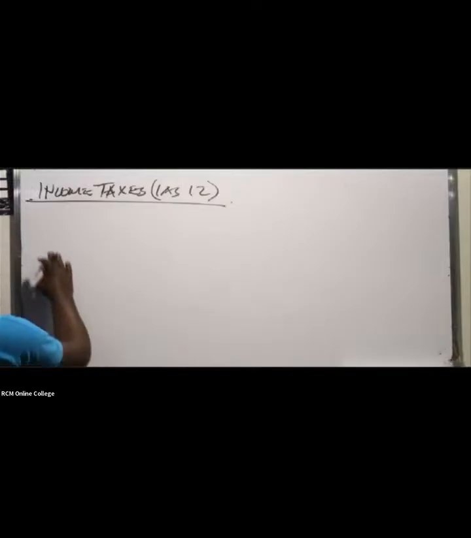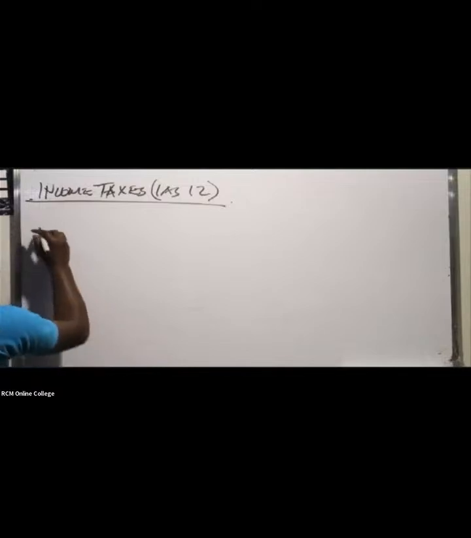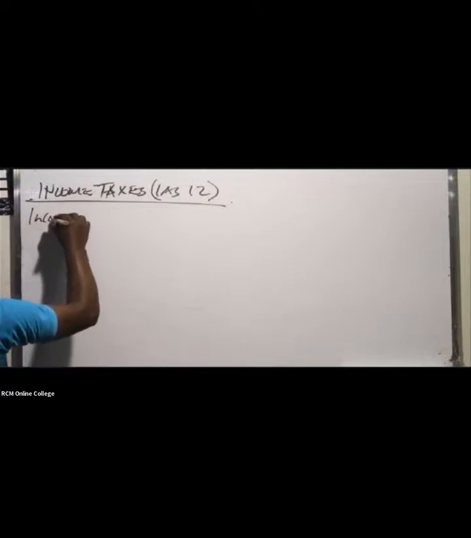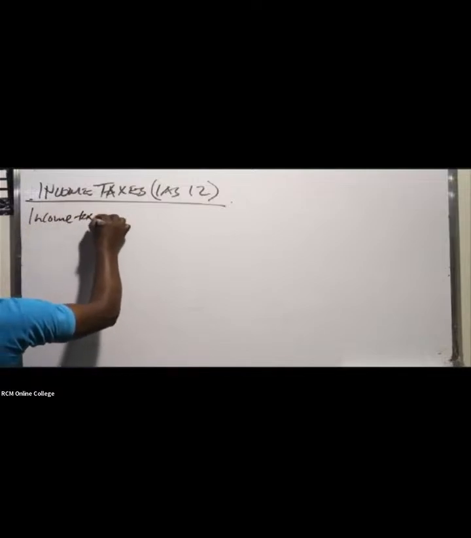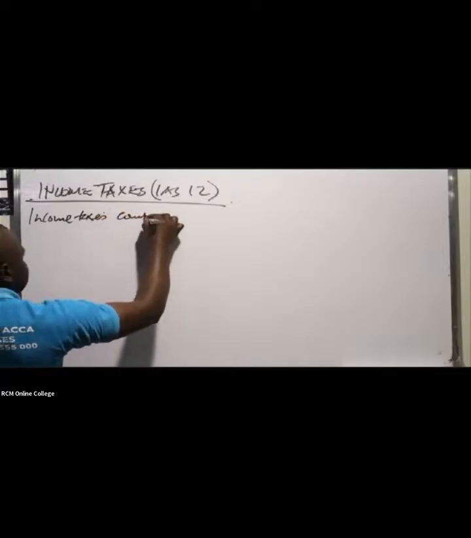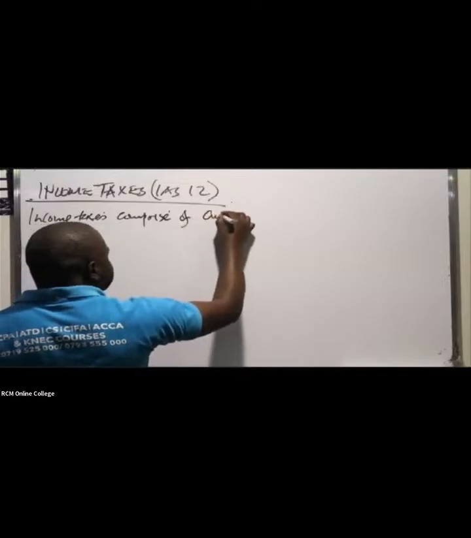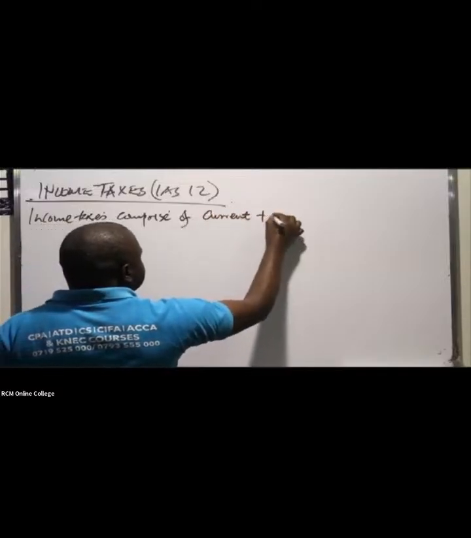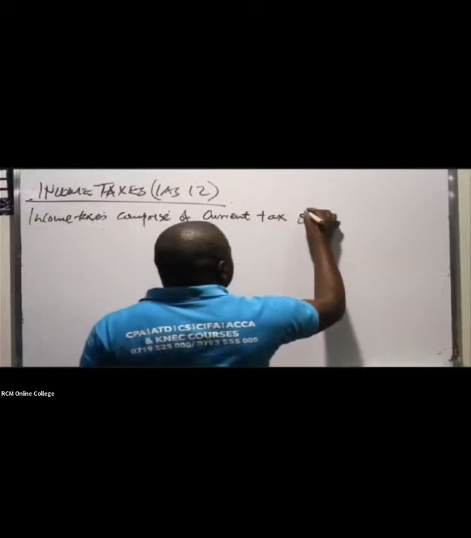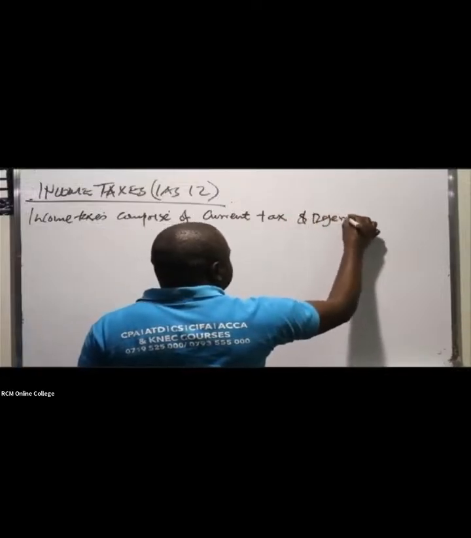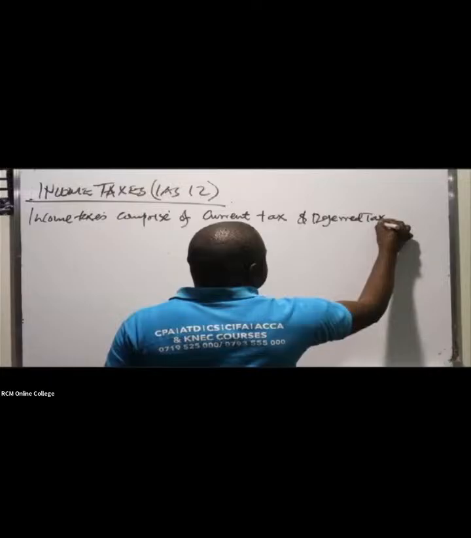So you can write: income taxes comprise of current tax and deferred tax.